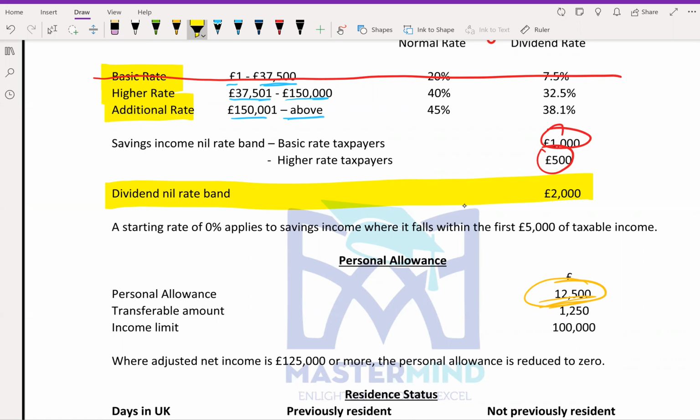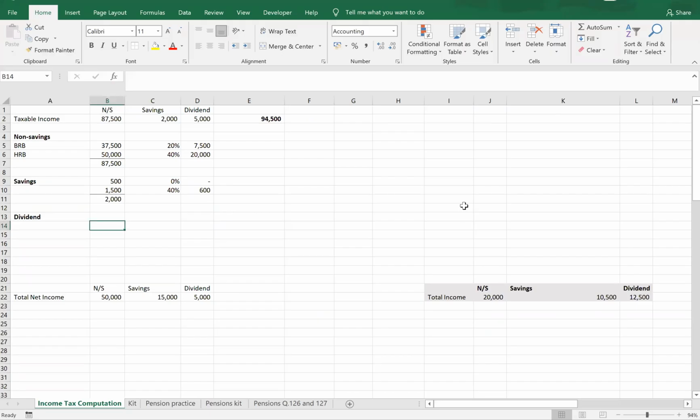No. That means it's a flat rate, it does not distinguish between any income. So straight away 2,000 at 0%. Have I taxed the entire dividend income? No.